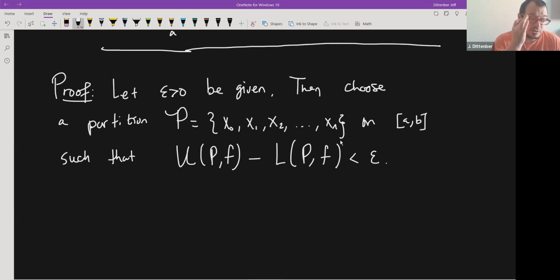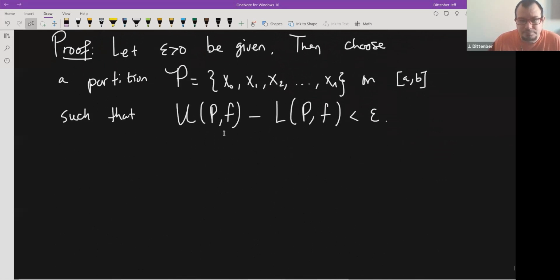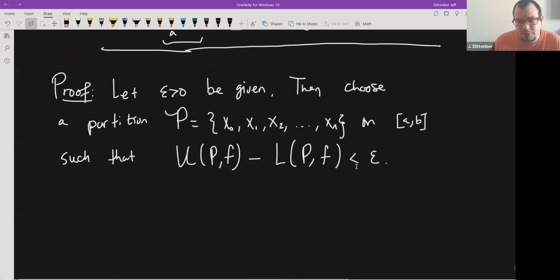And the reason we can do this is, so this is what we want to show, right? We want to show that we can find a partition so that this difference will be equal to this one. Because this epsilon is arbitrary, these two things end up being equal since f is Riemann integrable.